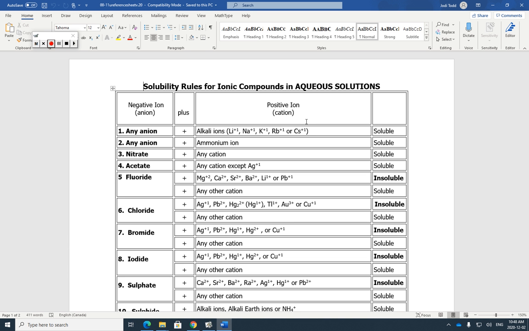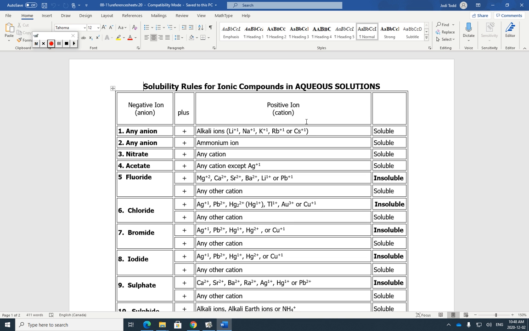I like this one the best because it has lists like this instead of trying to group them a little bit differently. So then you just have to take a look at what the anion is and then go find your ion. Let's say you have one that's got a double row. If you have chlorine plus, let's say you've got magnesium, so it's MgCl2.